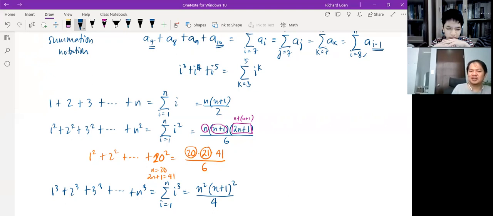So perhaps you were thinking it's going to be, so kanina the denominator is 6, which is 3 factorial. So perhaps you were thinking maybe the next denominator is 4 factorial. That's actually commendable. I like that attitude kasi you're trying to question, ano kaya mangyayari next?